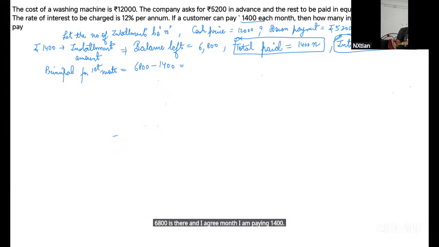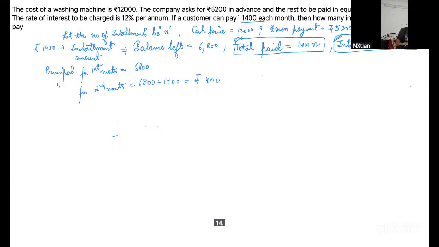So the first month will remain same, but for the second month, 6,800 is there, and I'm paying 1,400 rupees. So it will become 5,400.